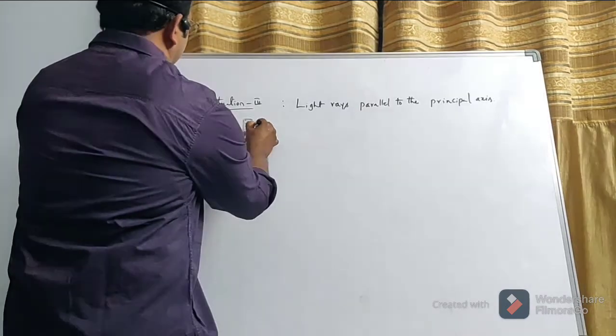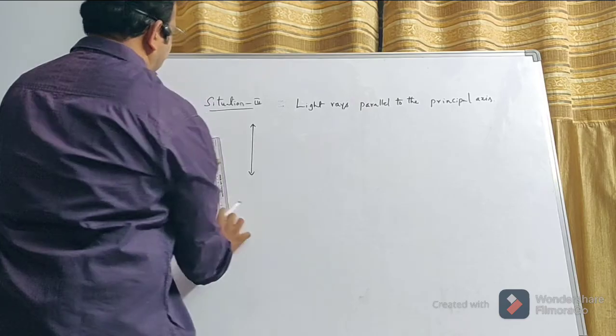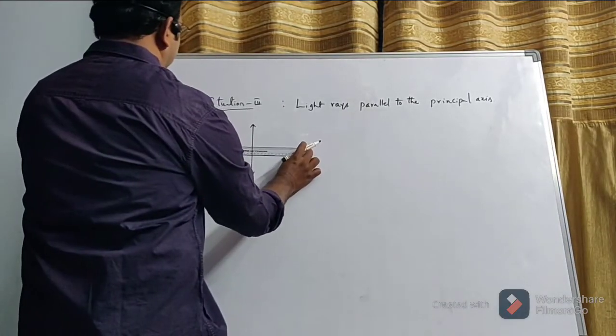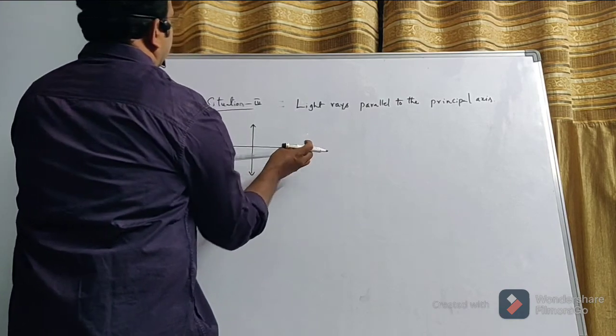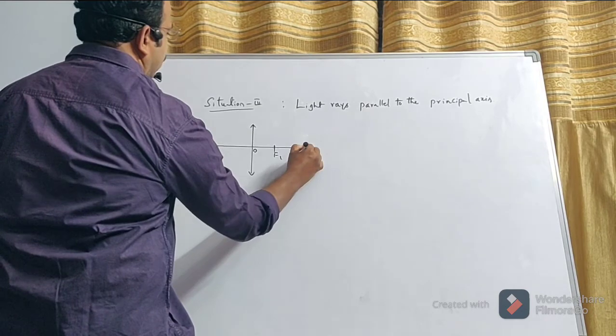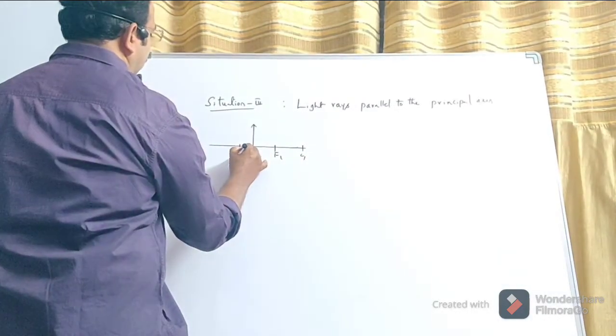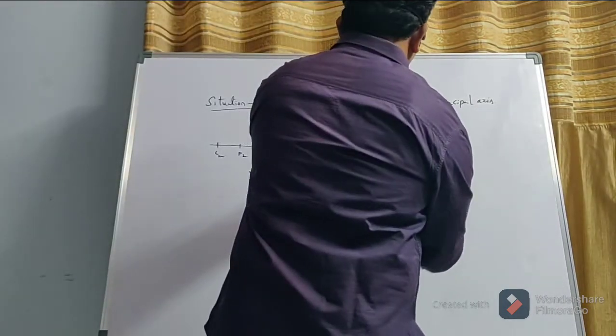For example, we have this convex lens, and we know this is the optic center, and here F1 and C1, and here F2 and C2.